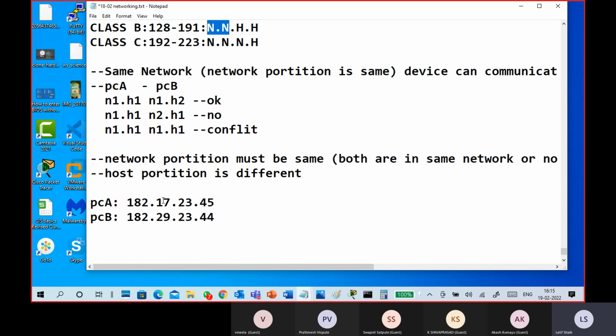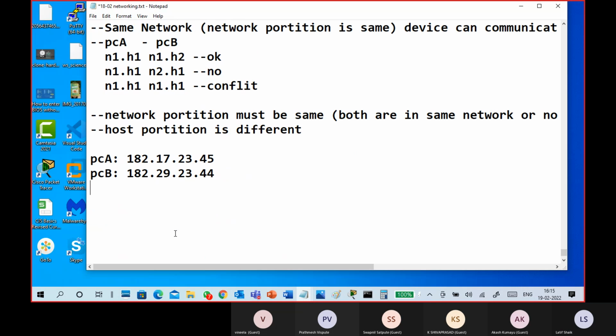The first portion of PCA and PCB is the same, good. The next portion is not the same, so that is not good. It won't work.